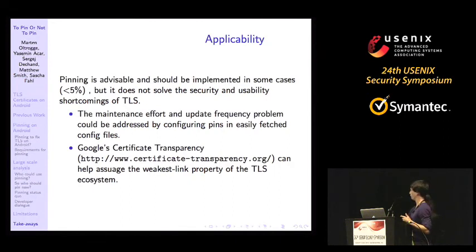And we also think that instead of recommending pinning again and again, approaches such as Google Certificate Transparency might look a bit more promising to actually make the TLS universe more secure.